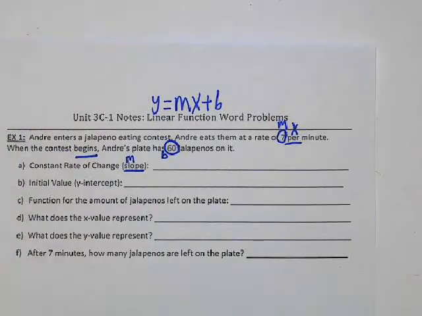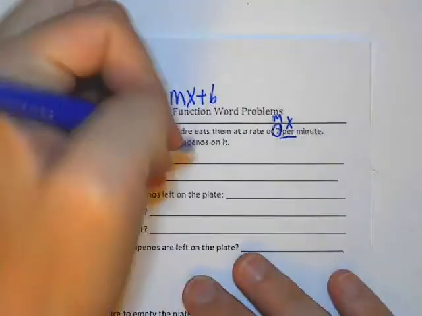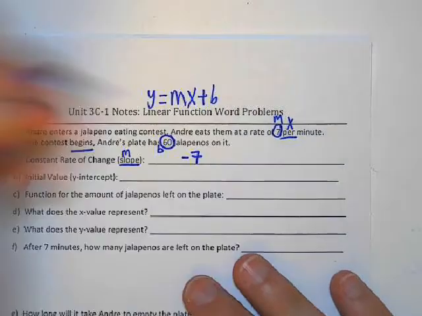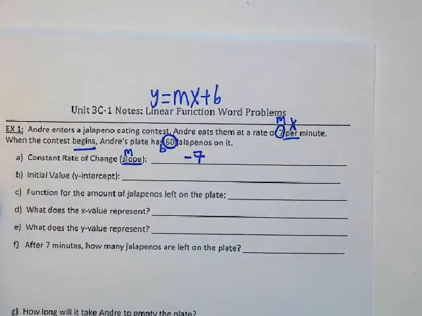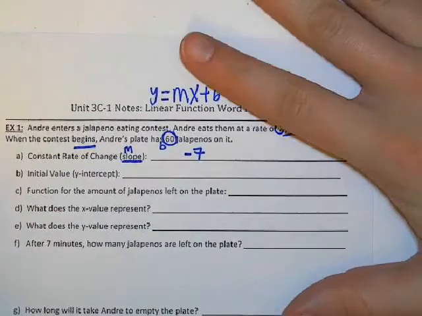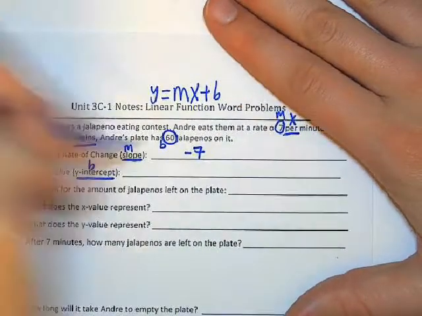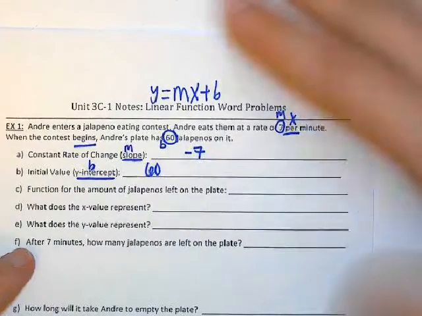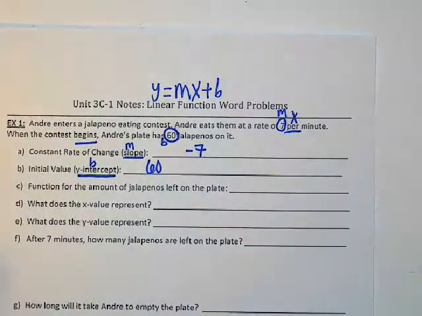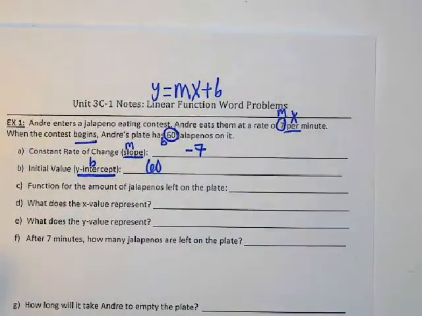I'm taking 7 away per minute, so that's a negative 7 for the slope. My initial value, my y-intercept, b, is 60. I'm starting with 60 jalapenos on the plate.